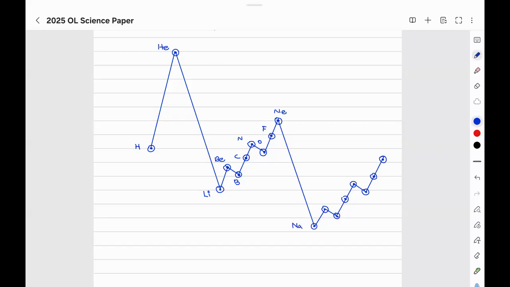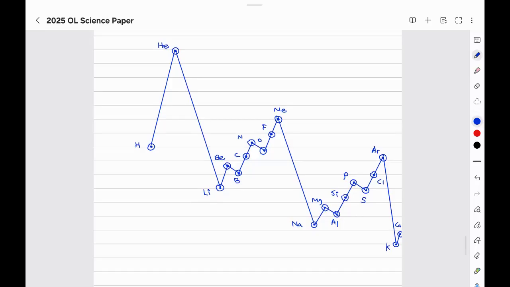Is it clear? Then potassium and calcium come down like this. So this is the ionization energy graph for the first 20 elements. A rough diagram.